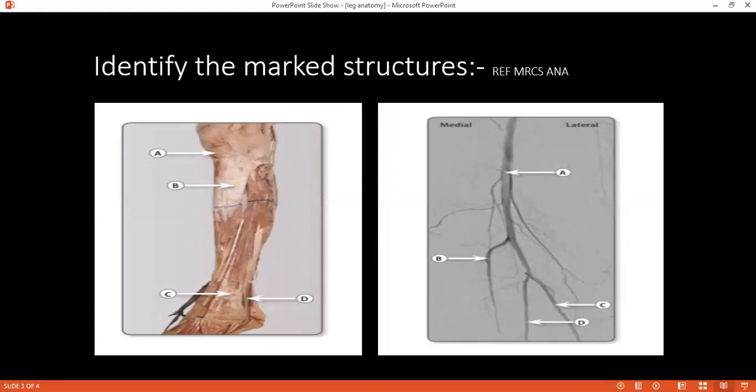It's muscle basically, and it's white, so it should be something else. Okay, we'll discuss. What is C? C is the medial malleolus. Good. Okay, what is D? D is the tendon of tibialis posterior.